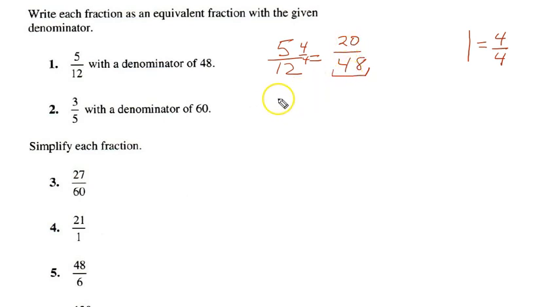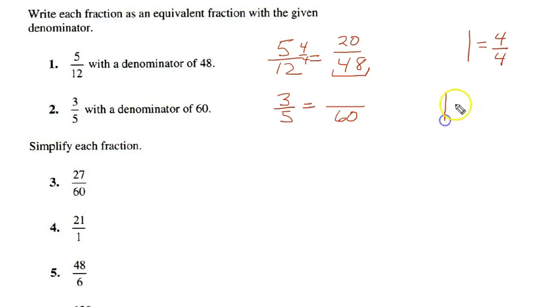Now let's do the same for this. 3/5. We want an equivalent denominator of 60. Now, what do we have to multiply 5 by? And if you're not sure, just divide: 5 goes into 60 how many times? 12.